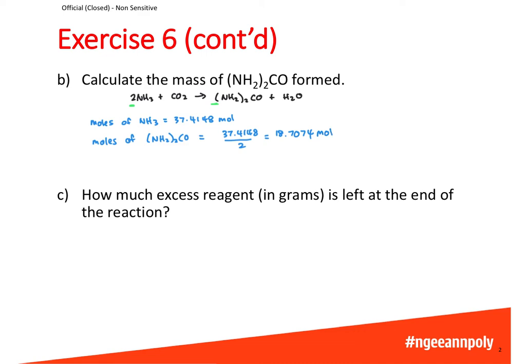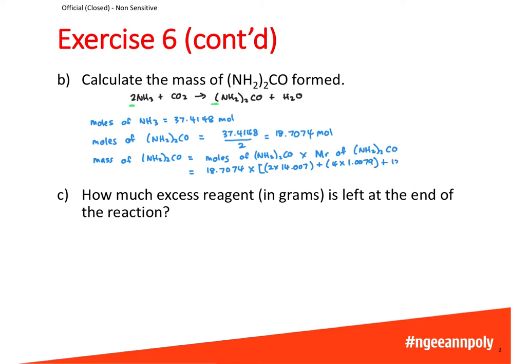So with the moles of urea formed, we can now calculate the mass of urea by taking number of moles of urea times Mr of urea. And we will get the answer 1123 grams.